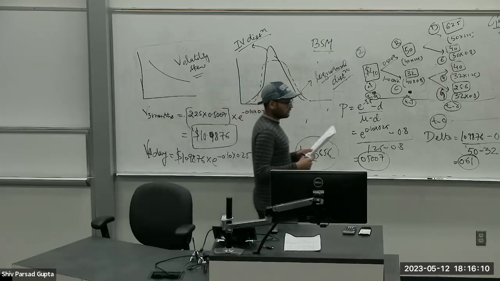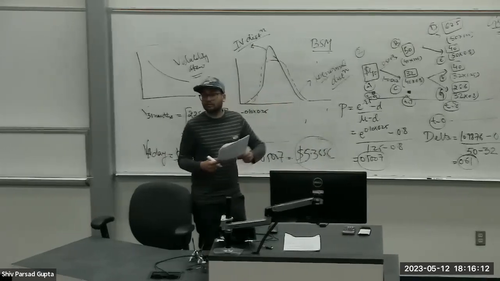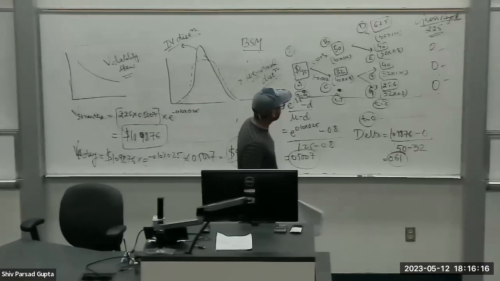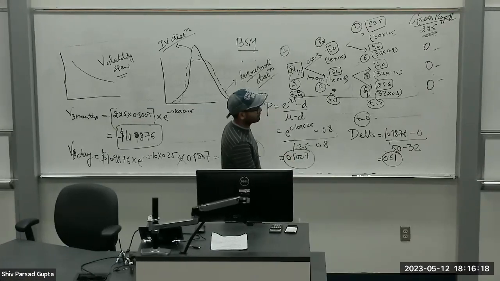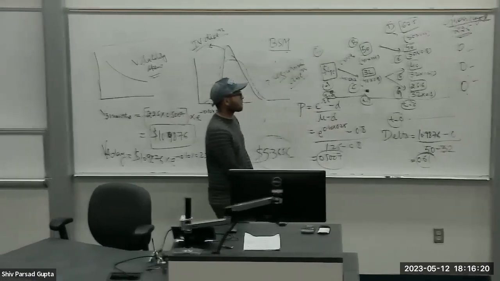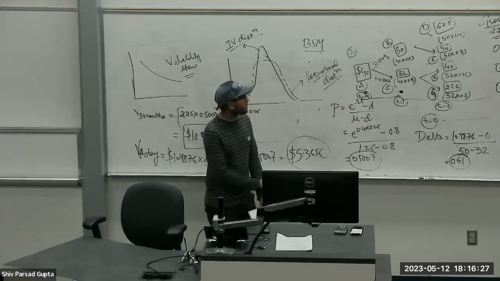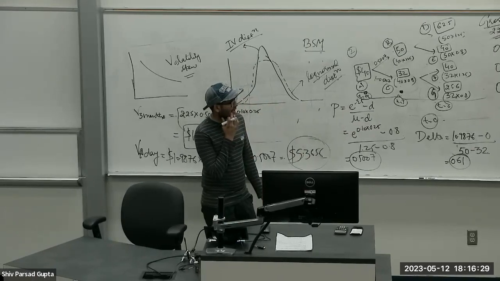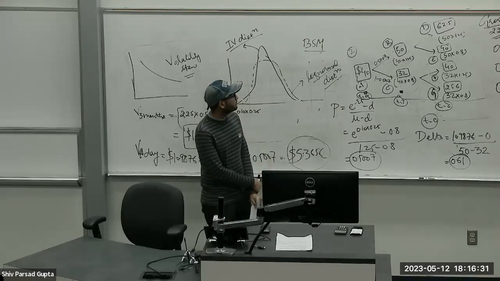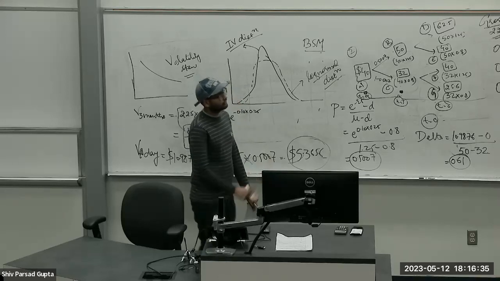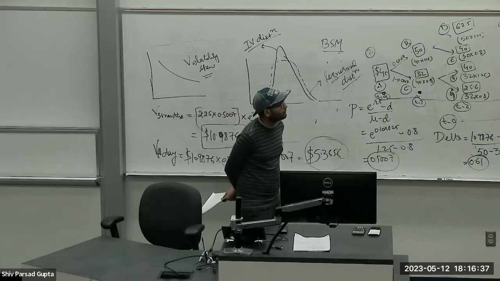At node C, delta is 0. That means you don't have to do anything to your portfolio. If you look at when t is 0, you hold 0.61 share, but the price can either move up or move down. If it moves up, you need to hold 1 share, and in that case you need to increase your share from 0.61 to 1 share.